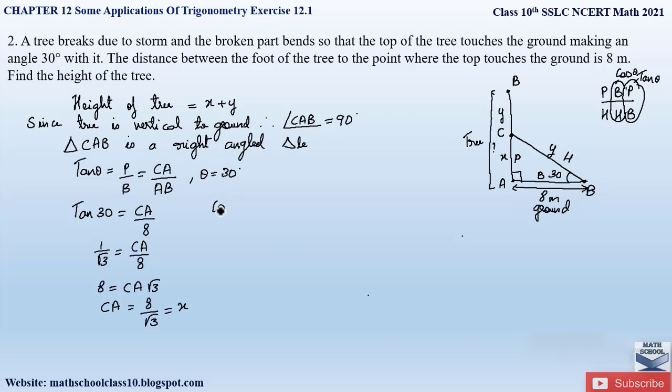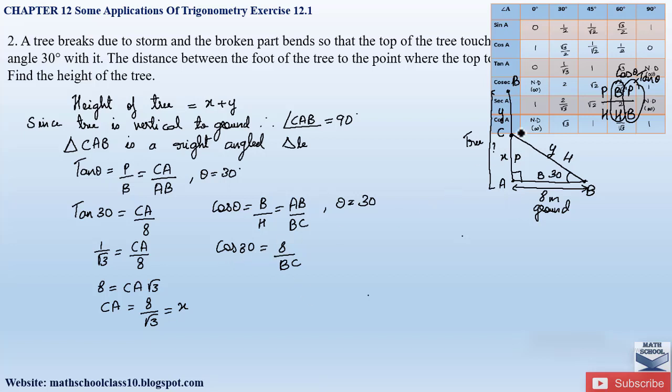So cos theta is equal to base by hypotenuse, where base is AB and hypotenuse is BC, and theta or the acute angle is 30 degree again. So cos 30 is equal to AB value, 8 meter, divided by BC. From our trigonometric table, what is the cos 30 value? It is root 3 by 2.